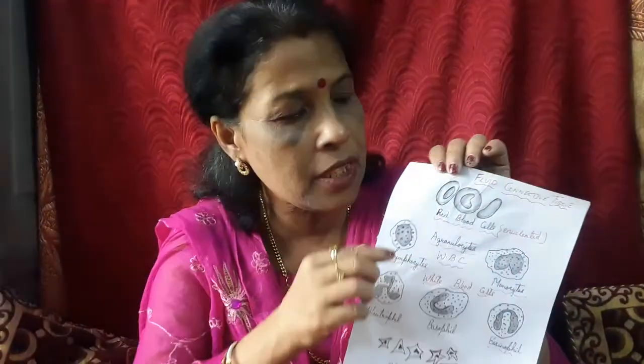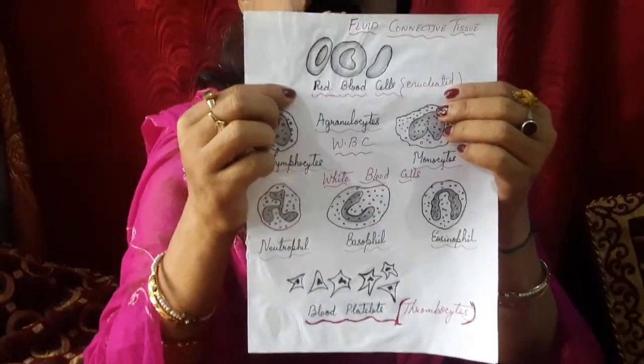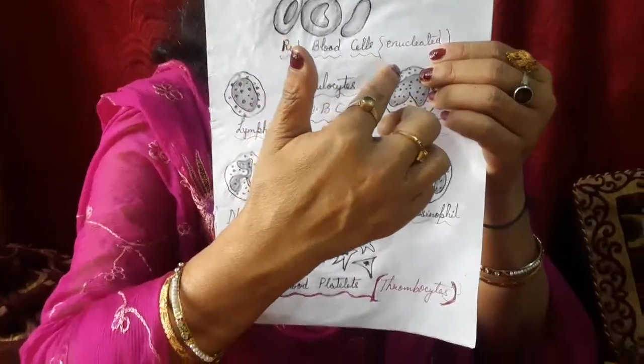Now, when we talk about the blood corpuscles, meaning blood cells, there are three types. One is RBC or erythrocytes, WBC or leukocytes, and blood platelets or thrombocytes. First, we shall discuss RBC cells. You can see the RBC cells are enucleated.